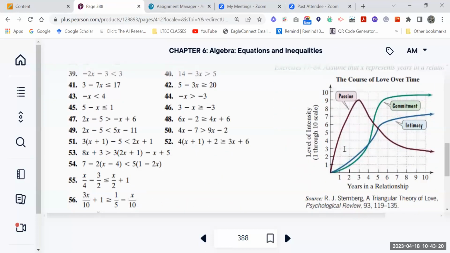Let's look at number 51. 3(x + 1) - 5 is less than 2x + 1.